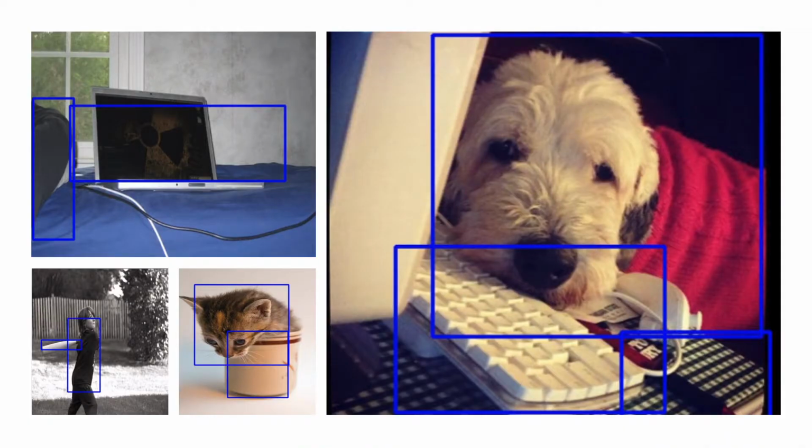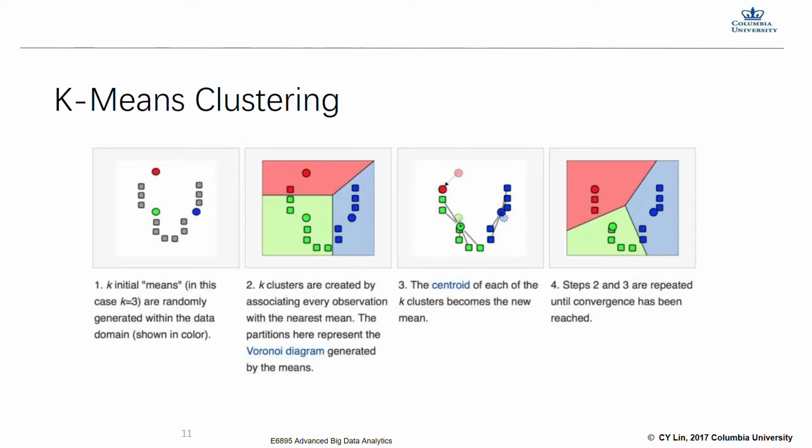So here's some results. You can see the multi-objects obtained from the YOLO network. And for the k-means clustering, whenever you have the representation of the bounding box picture, you can just do k-means clustering to get different clusters. The basic idea behind k-means is that you have a hyperparameter, which is k.